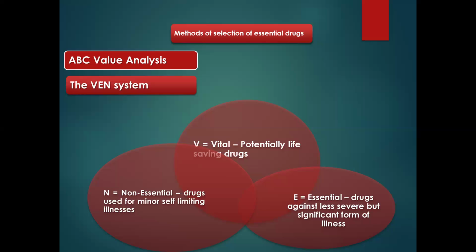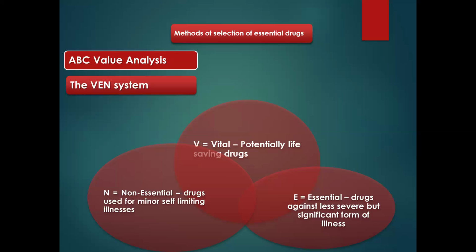Vital drugs are those that are essential for the immediate preservation of life, especially those we use in emergencies or in critical care situations, such as adrenaline, like I said, insulin for diabetic patients, and drugs such as atropine used for cardiac arrest. These must be included under vital drugs. As such, this set of drugs are used in acute care settings, such as emergency departments, intensive care units, and all of that.